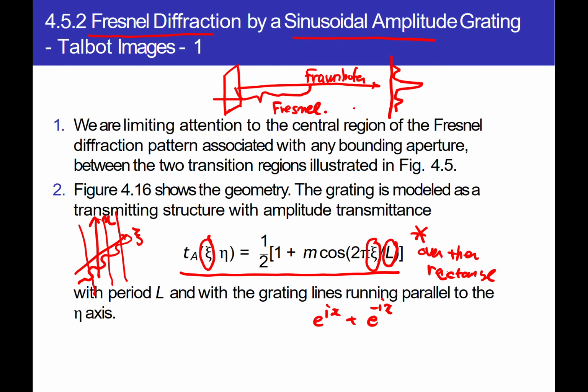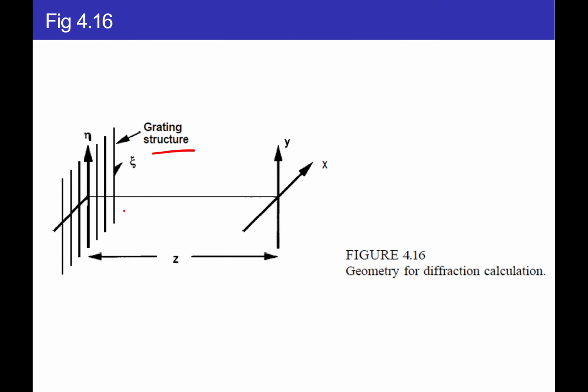And we have seen another case, which is the amplitude grating. Within this, we could get the same image as the diffraction grating, the Talbot image, which repeats itself with a certain period.